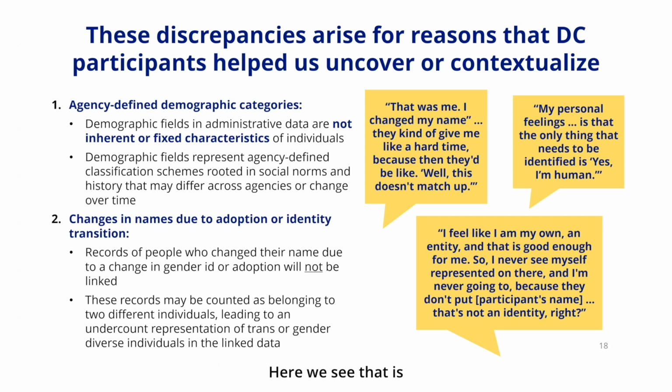Here we see that if someone changes their name, we may not be able to link them. Therefore, they may actually appear as two different people in the integrated data system. For trans and gender diverse folks, this likely creates an undercount of that population, while possibly also inflating other categories.